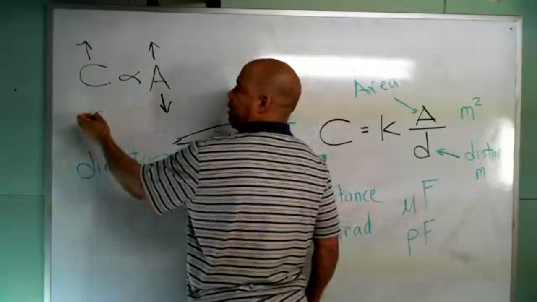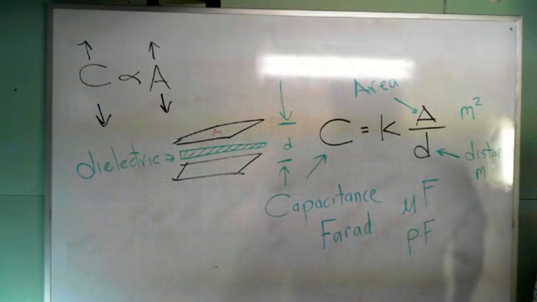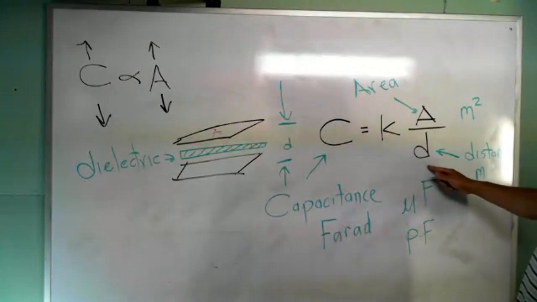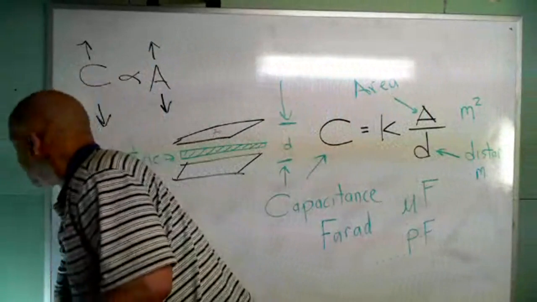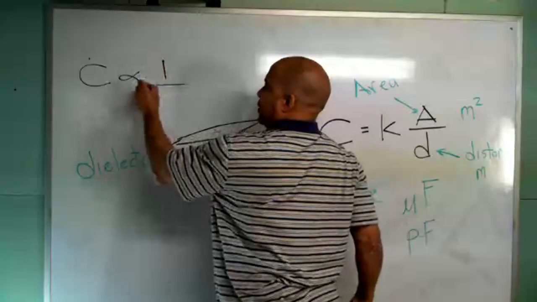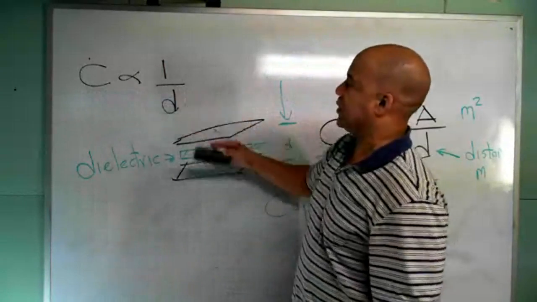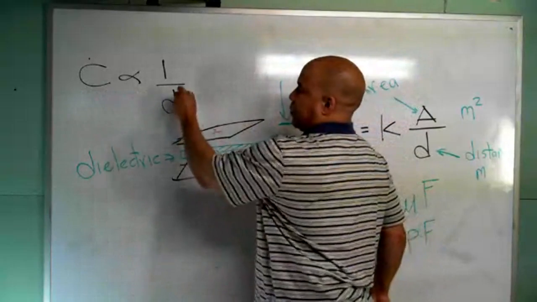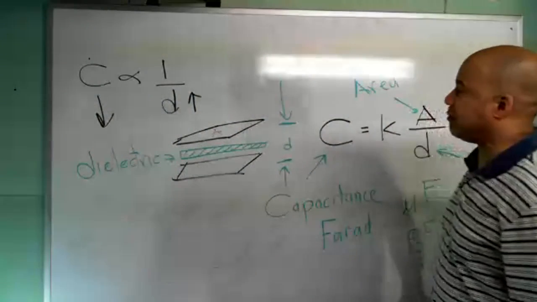If I make a smaller area, I can hold less charge, if everything else stays constant. The relationship between distance and capacitance is just the opposite. Capacitance is inversely proportional to distance. So the more distance between the plates, the less capacitance I have, and vice versa.